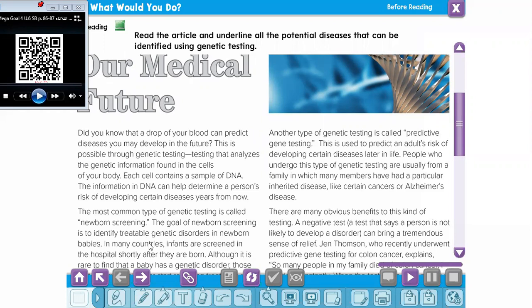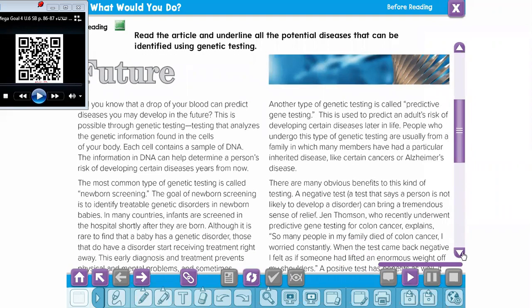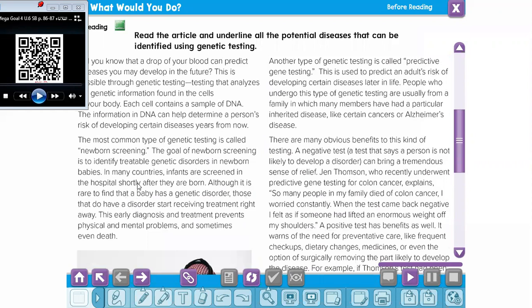In many countries, infants are screened in the hospital shortly after they are born. Although it's rare to find that a baby has a genetic disorder, those who do have a disorder start receiving treatment right away. This early diagnosis and treatment prevents physical and mental problems and sometimes even death.